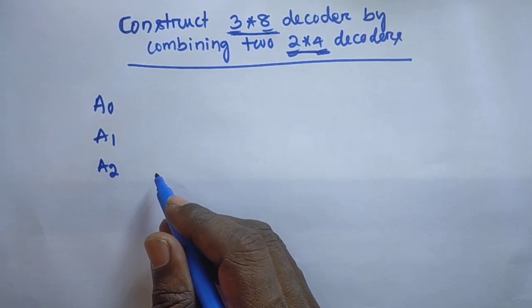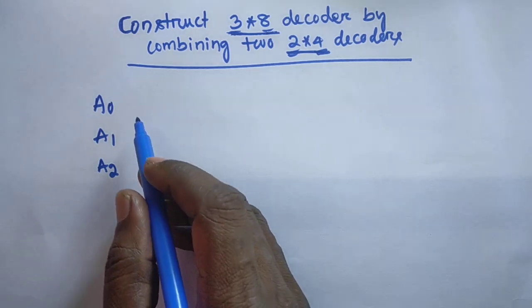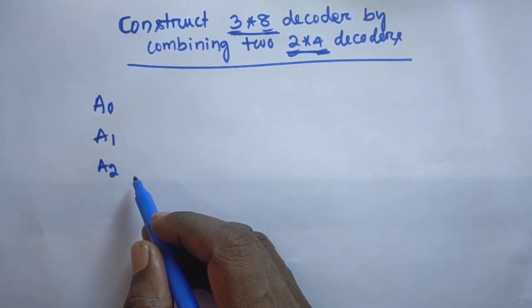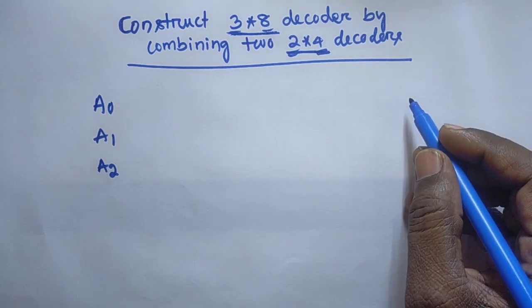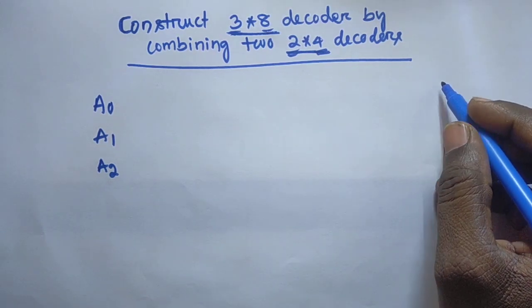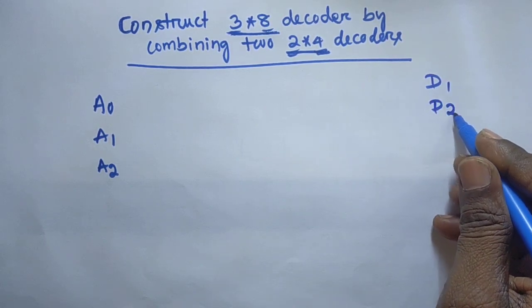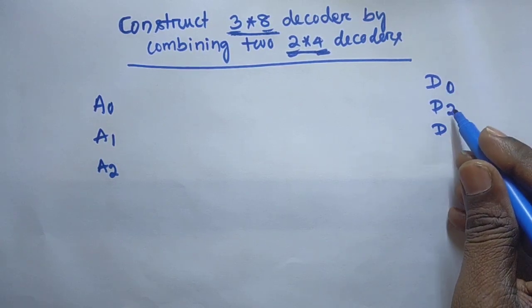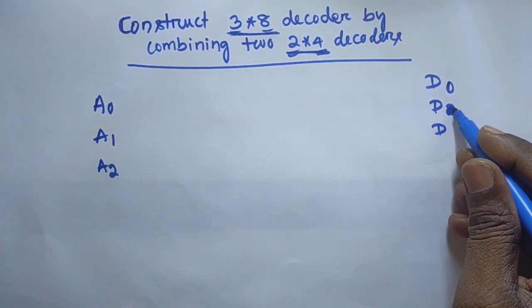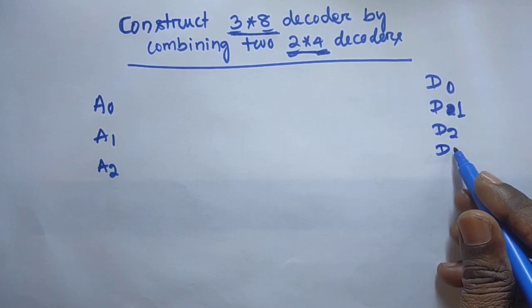Since these 3 inputs create 8 outputs, we can write the 8 outputs in this manner, starting from D0, D1, D2, D3.